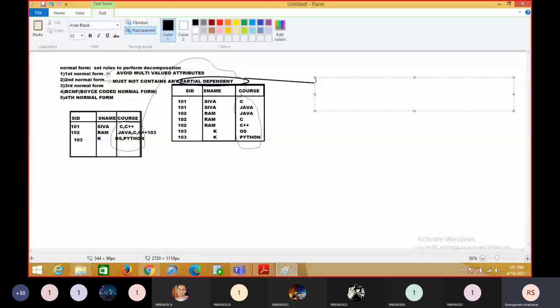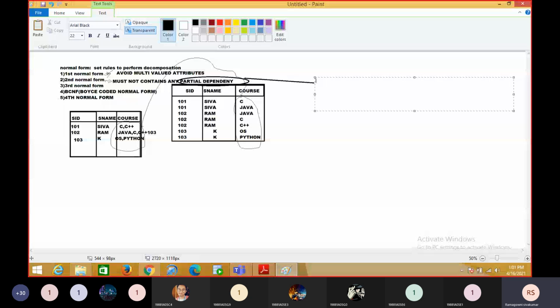Here, see briefly. From the first normal form, we are avoiding what? No repeating groups. There should be no repeating data groups. That means a group of values should not be in one column, like course is C, C++. We have multiple values in the same column, and we are avoiding that.